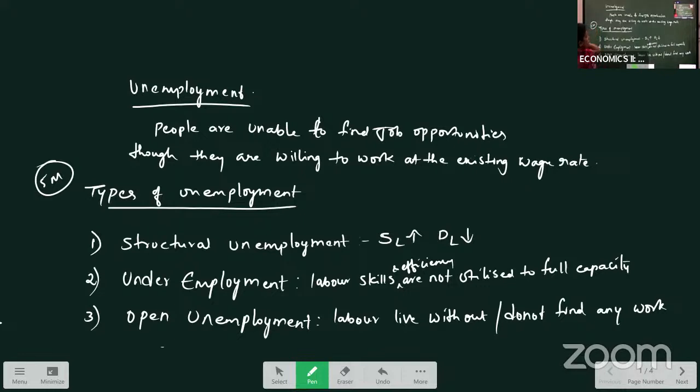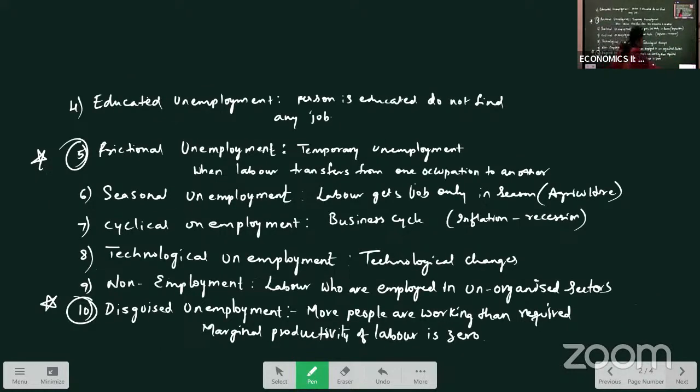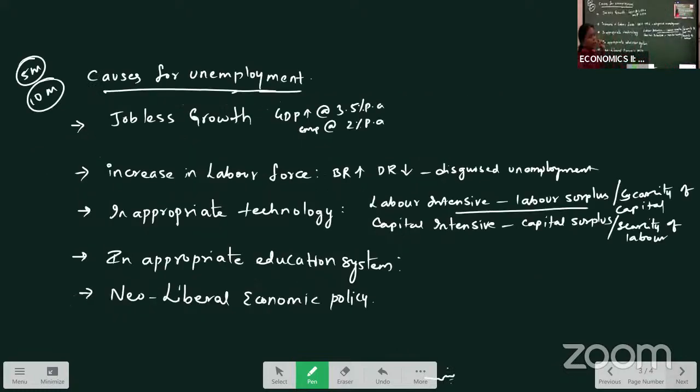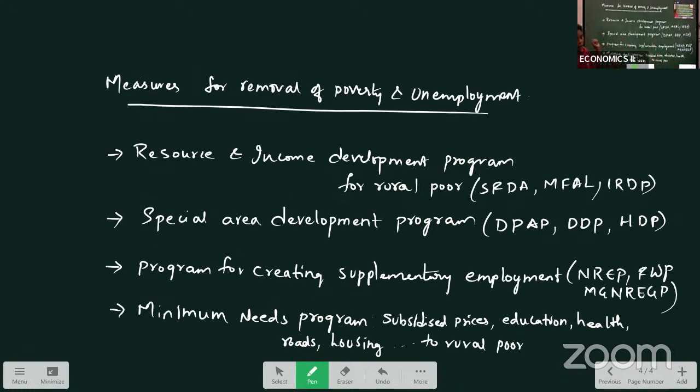Now we have done unemployment, types of unemployment, then causes for unemployment, and measures for poverty eradication and reducing the unemployment problem. So this completes your LAQs and SAQs from the third chapter.